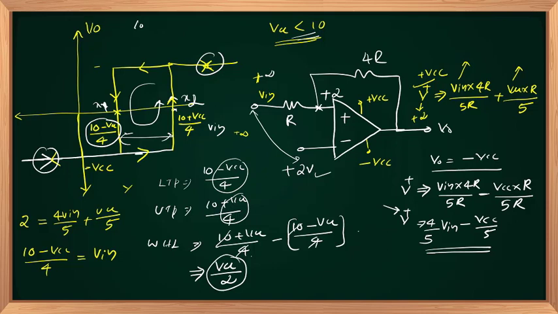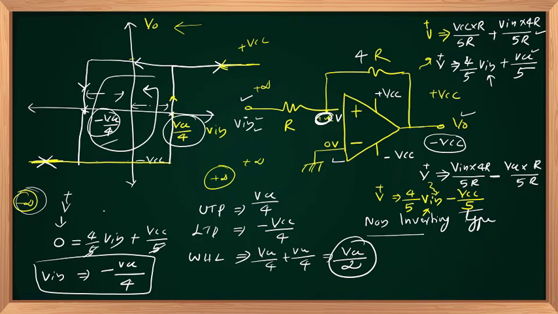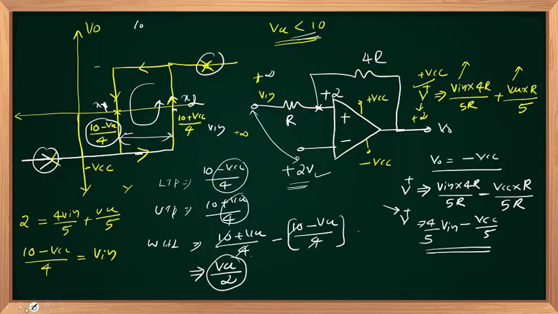So adding a positive source at your inverting input terminal is shifting your entire transfer characteristics. When this is 0 volts, this was the characteristics, and it shifts towards the right. That is obvious. Initially you have to make it 0. At present you have to make it 2 volts. For that you have to apply a more positive value of V. So that's why it is shifting towards the right.